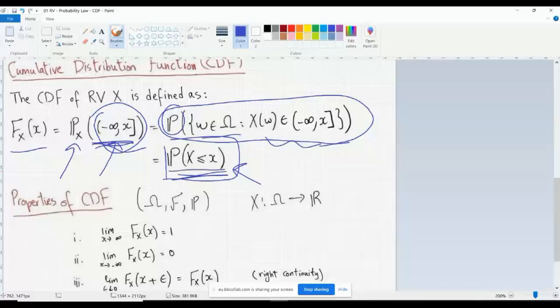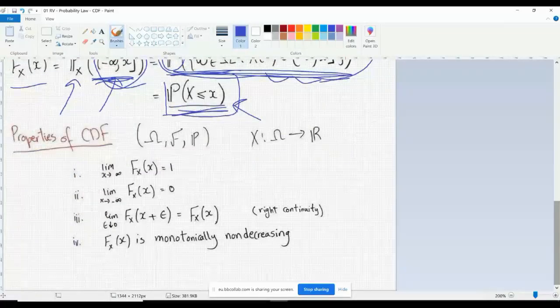Because life is too short for writing everything using exactly how the probability measure of a random variable is defined. Now, for a function to qualify as a CDF, it needs to satisfy 4 properties. And if any function satisfies those 4 properties, then it is a CDF of some random variable out there.